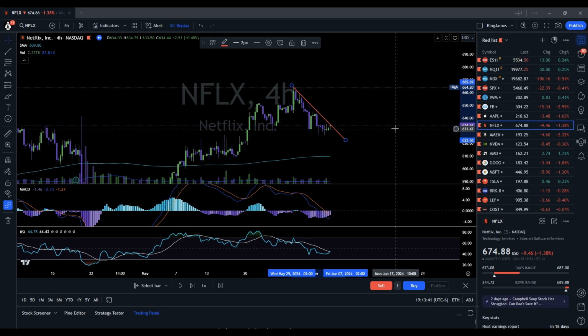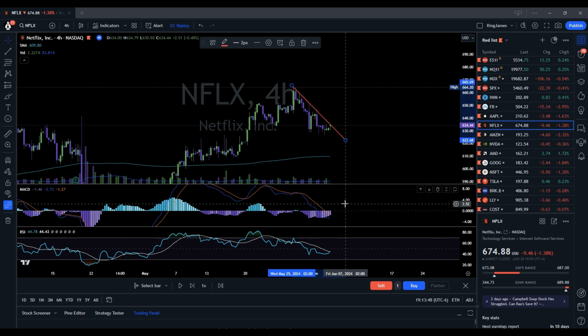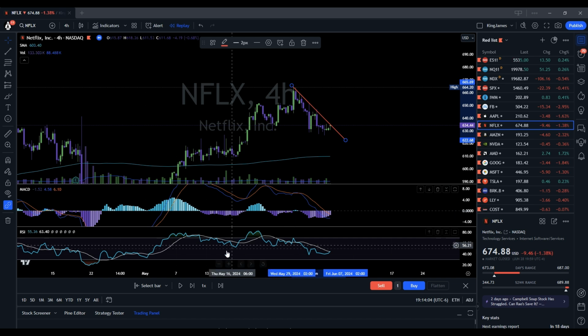Okay. Now, not only do we need the action candle, we need to pair it with the MACD turning upwards and starting to create green bars. Okay. Once we have a break of a trend line, that big candle, and then the first green bar on the MACD, that is our entry point for this trade. Okay.